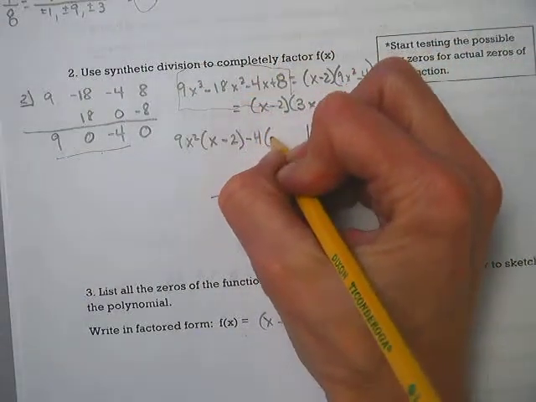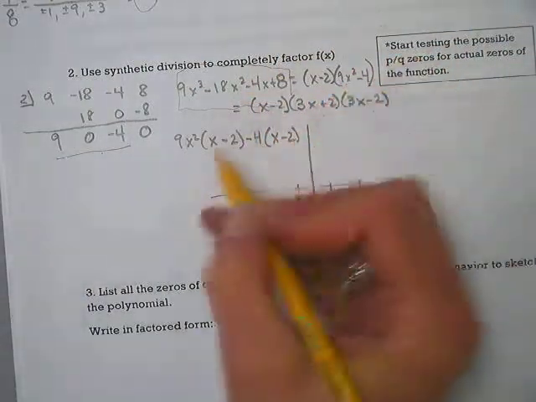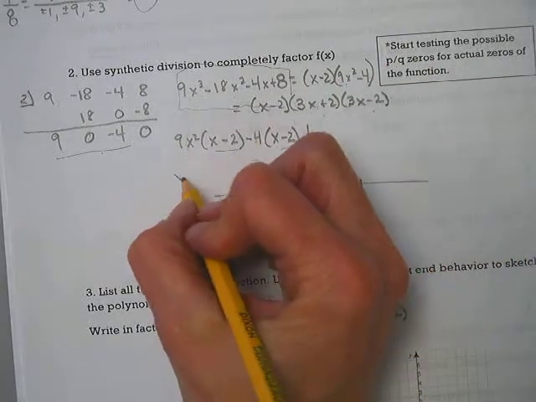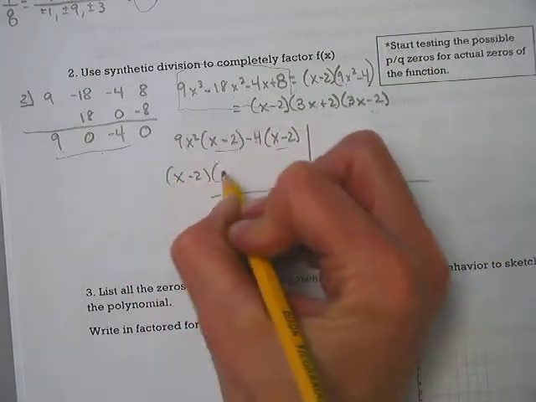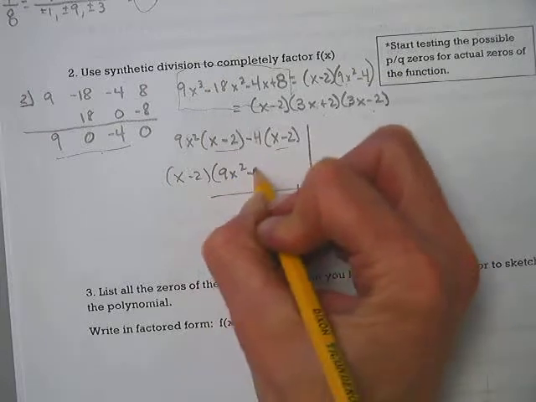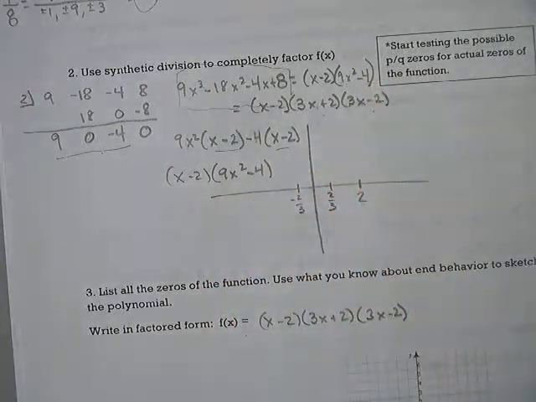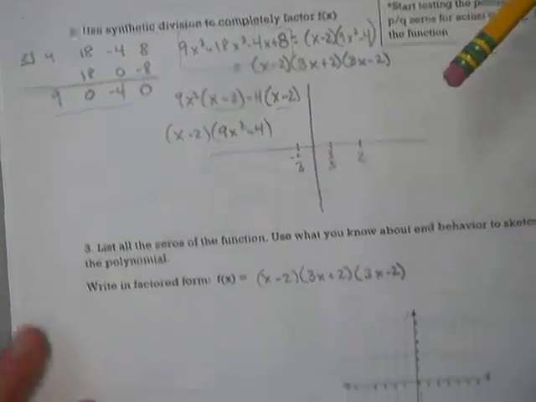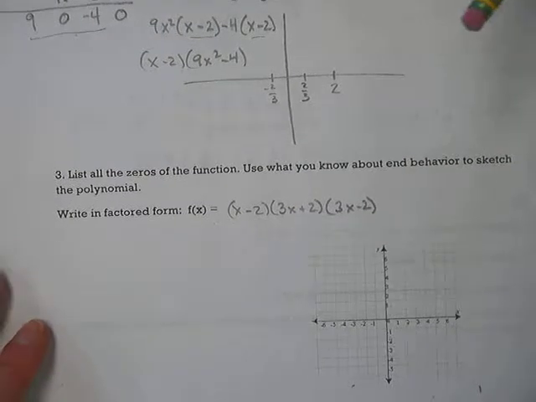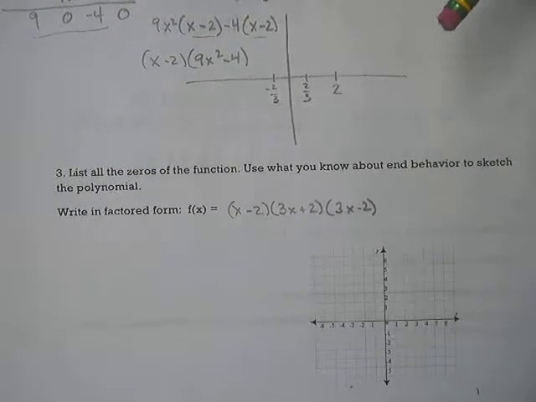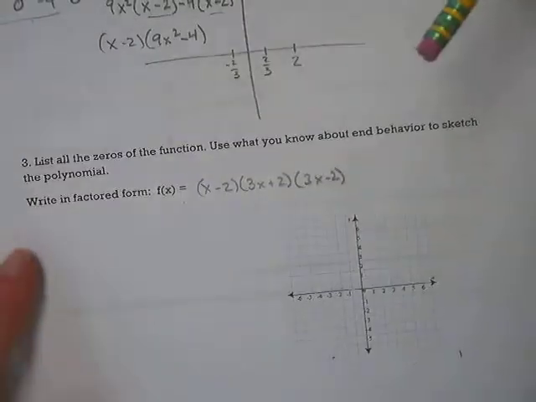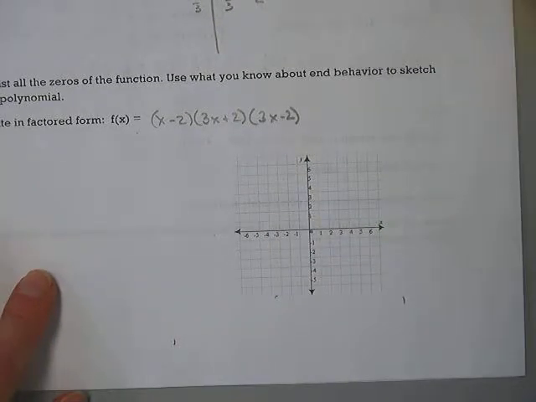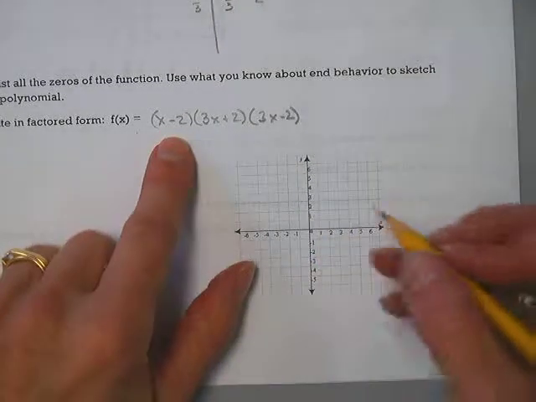Grouping. Let's see if it would work. I would take out a 9x squared, right? Watch, it's going to work. Is it not supposed to work? No, it's not supposed to work. Then I take out a 4. Yeah, it does work this time, Seamus, but usually it doesn't.